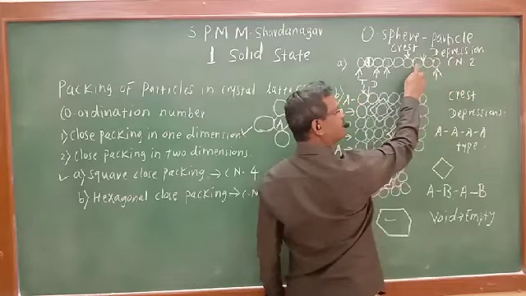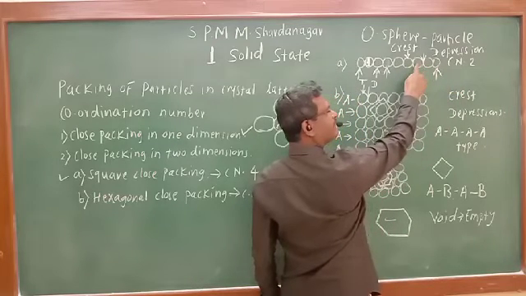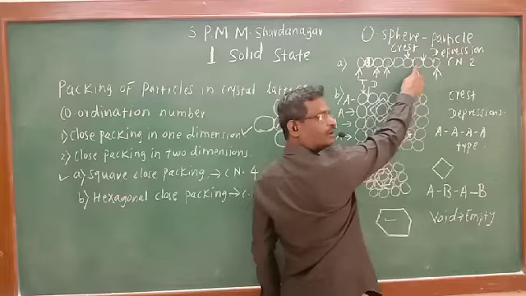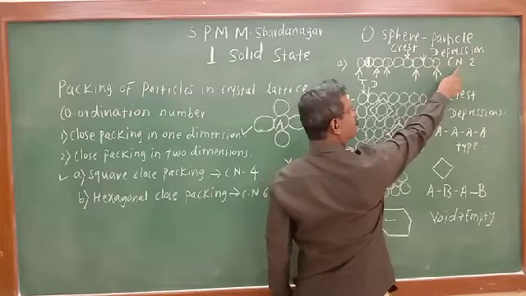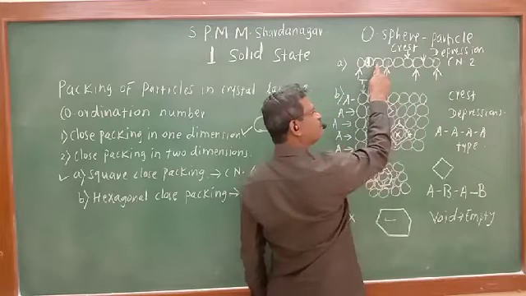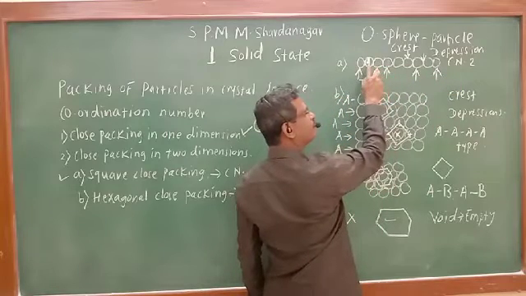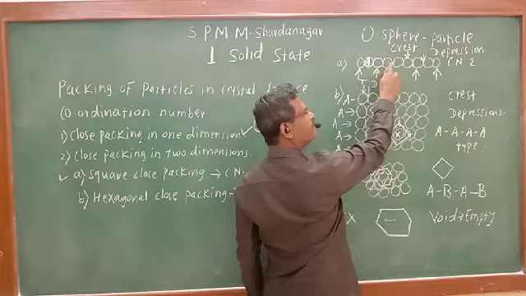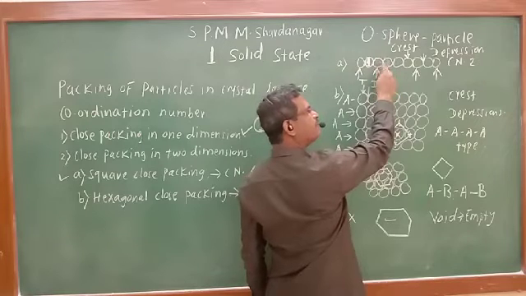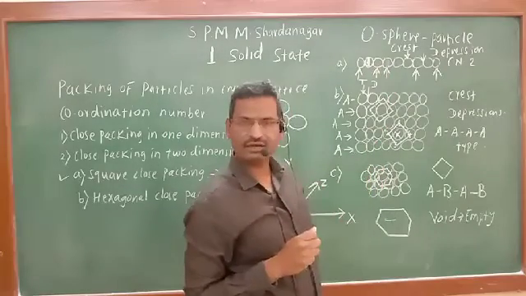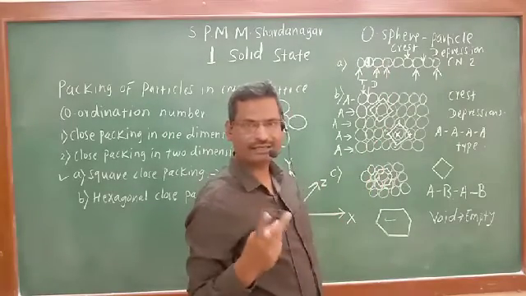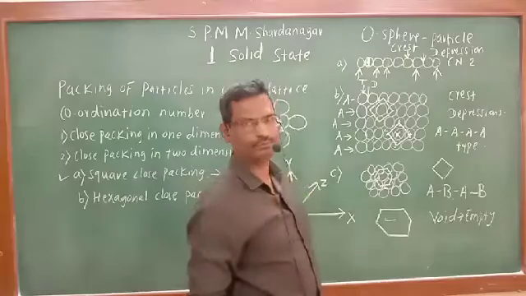If you consider this one, it is in association with how many other spheres? 1 and 2. Therefore the coordination number is 2. If you consider this one, it is also in contact with 2 other spheres. If you consider this, it is also in contact with 2 other spheres. Therefore the coordination number in one dimension is equal to 2.